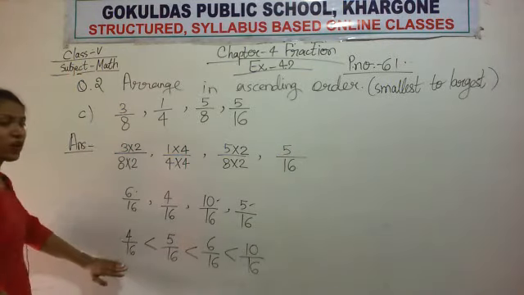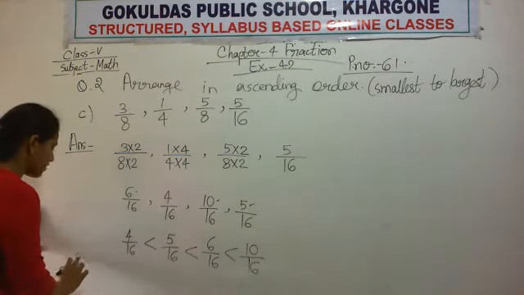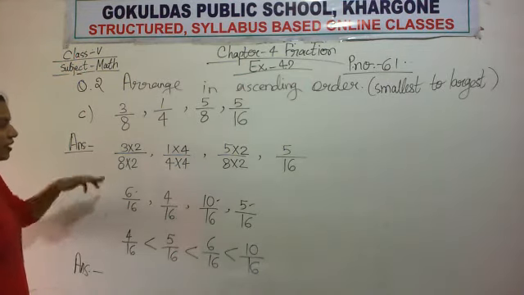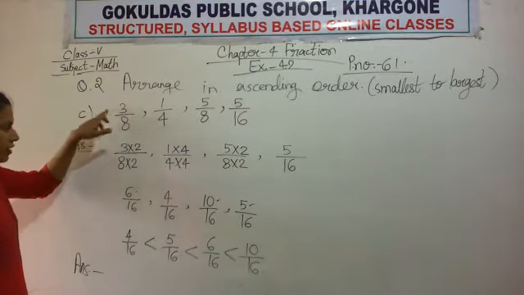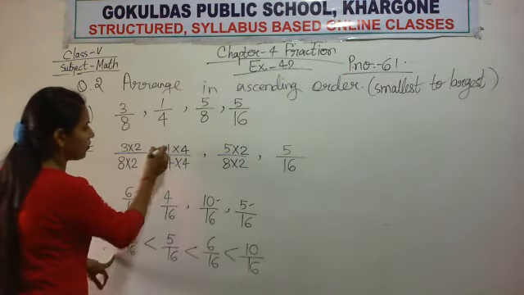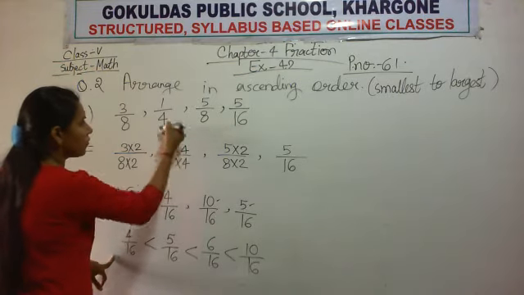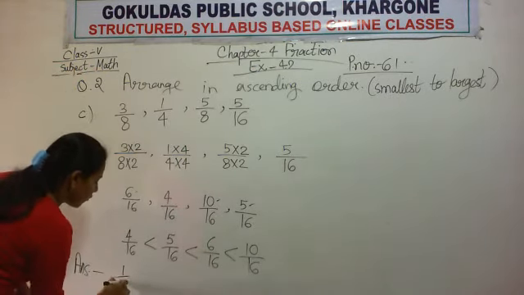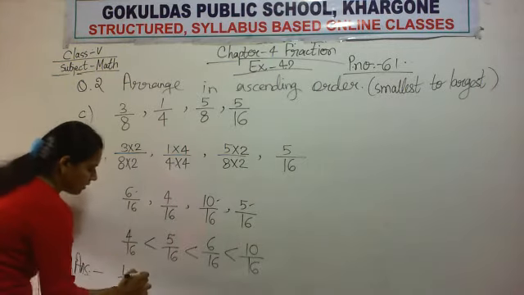Now it is not our final answer. In the final answer we will write the given fractions. 4 upon 16 we get when we solve 1 upon 4, so 1 upon 4 will come at the place of 4 upon 16. Then the sign.